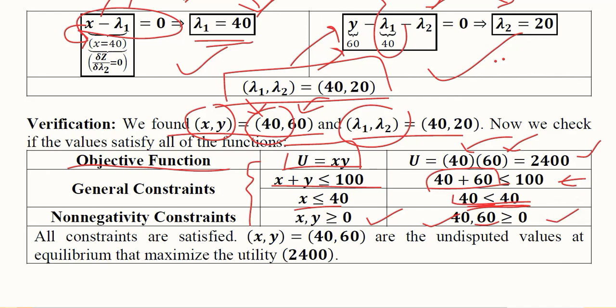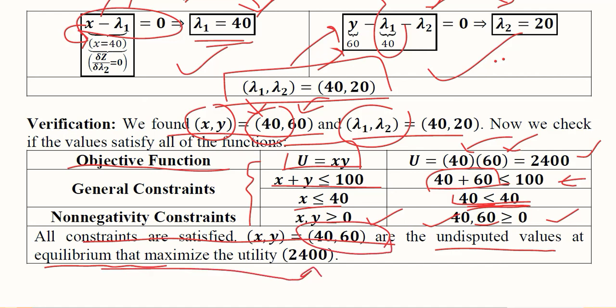That is, they are either equal to 0 or greater than 0, and in this case they are actually greater than 0. So all of the constraints are met, and the optimal values of x and y are 40 and 60, and the maximized utility is 2400 units.